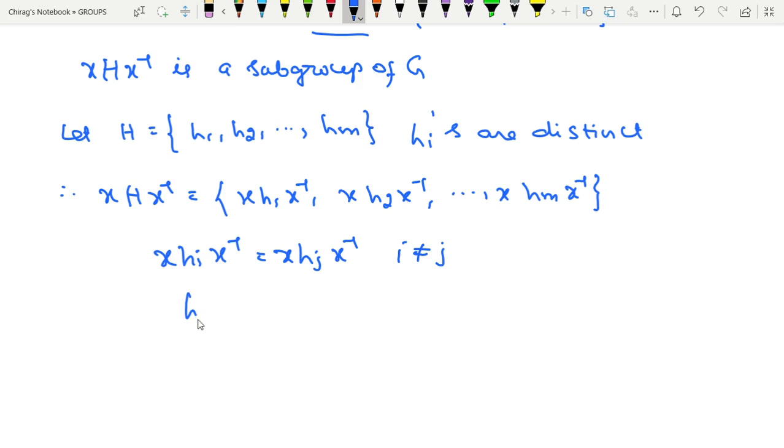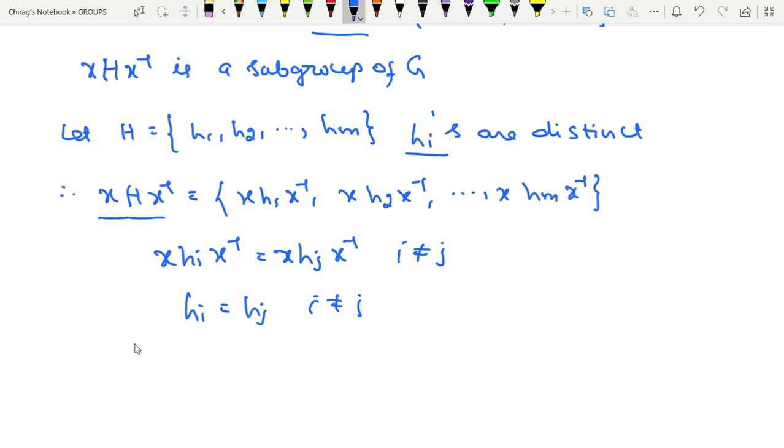So therefore hi will be equal to hj with i not equal to j. This is a contradiction because we assumed that all hi's are distinct. So this contradiction is because of our assumption xhix⁻¹ is equal to xhjx⁻¹. So therefore all the elements of xHx⁻¹ are distinct.